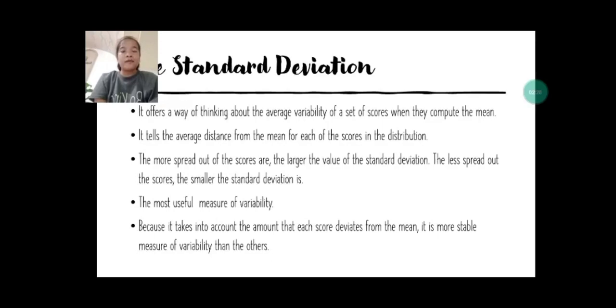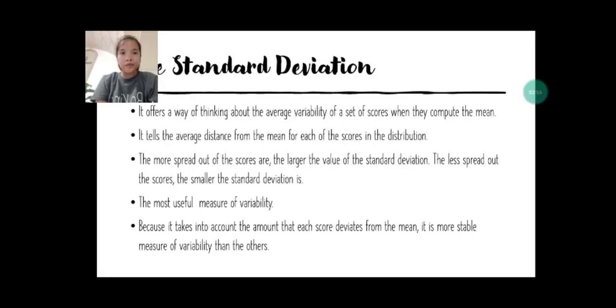The third measure of variability is the standard deviation. It has five characteristics. First, it offers a way of thinking about the average variability of a set of scores when you compute the mean. Second, it tells the average distance from the mean for each of the scores in the distribution.